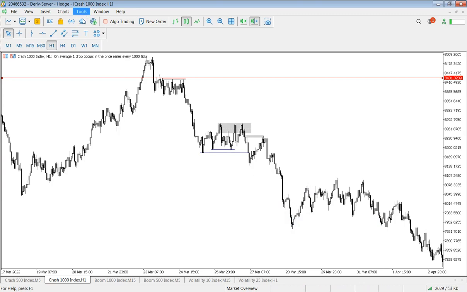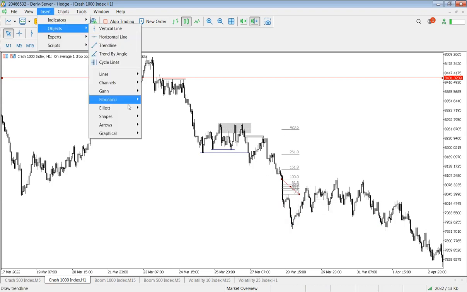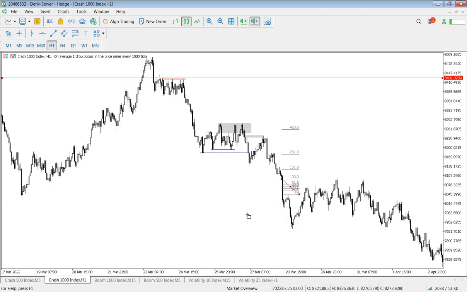You measure it out like this, then you take 50% of it. This is at 50%, this place.